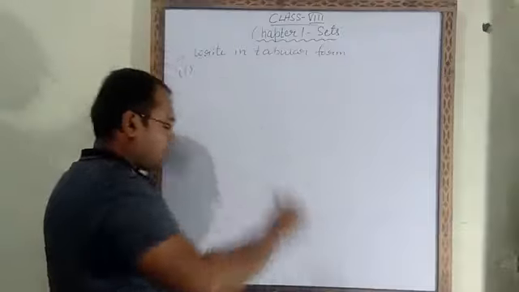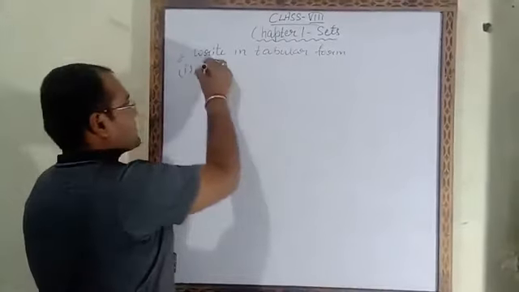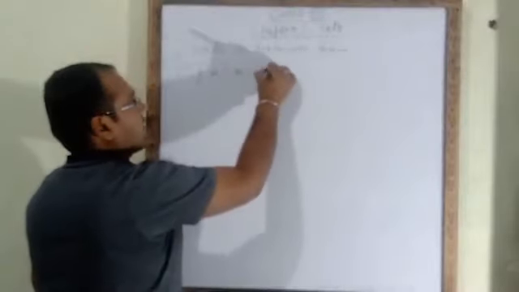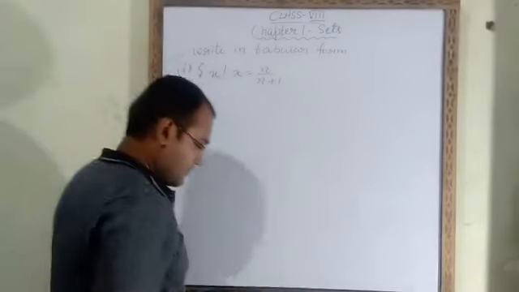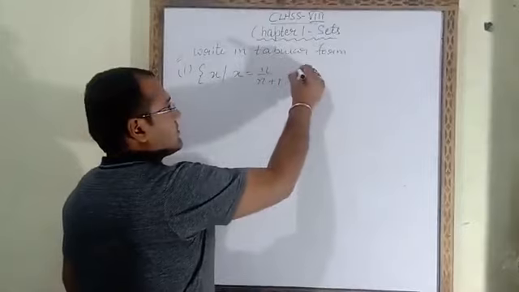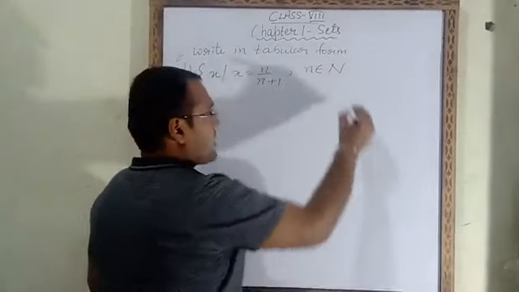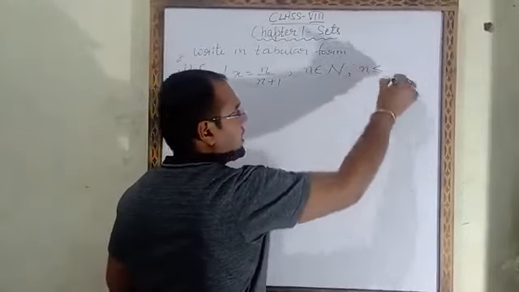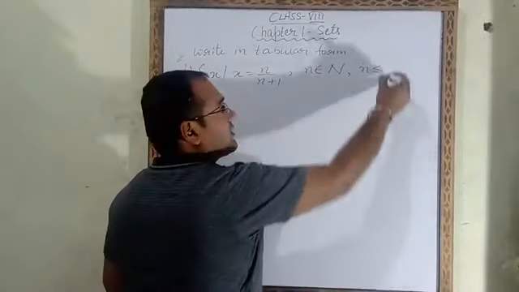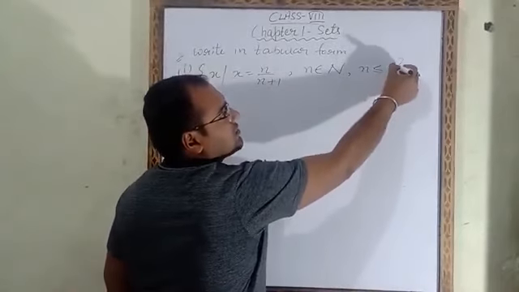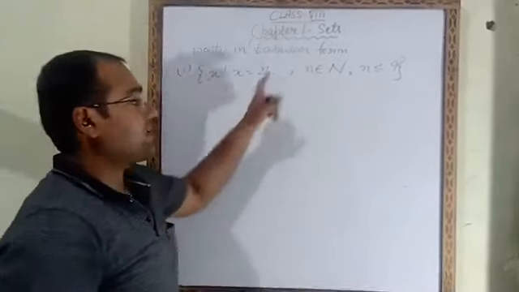First part, x such that x is equal to n upon n plus 1, where n belongs to natural number and n values are less than or equal to 9. So we have to write in tabular form.